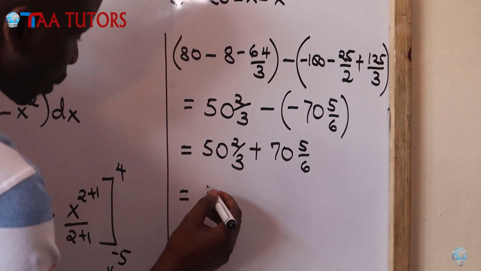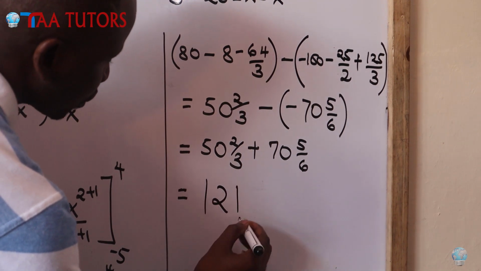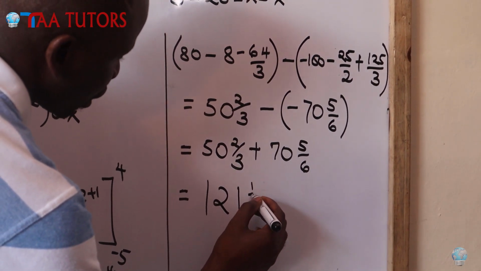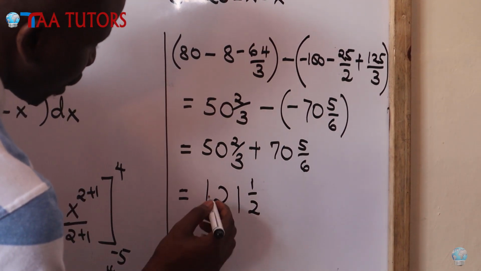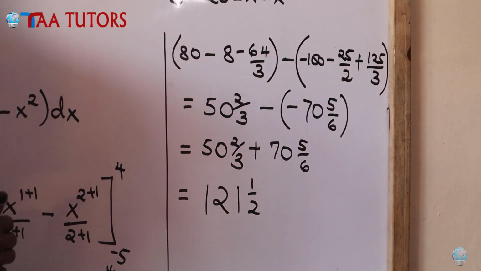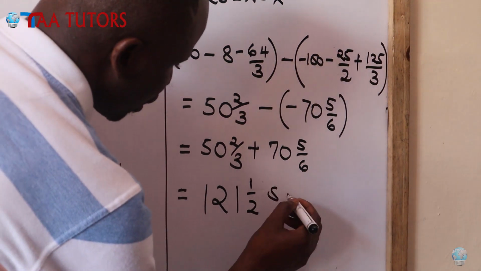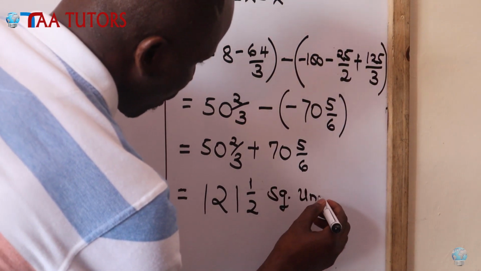We get 121 and a half, or 121.5 square units.